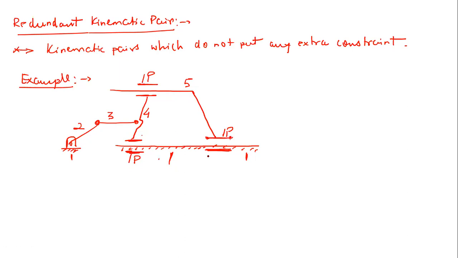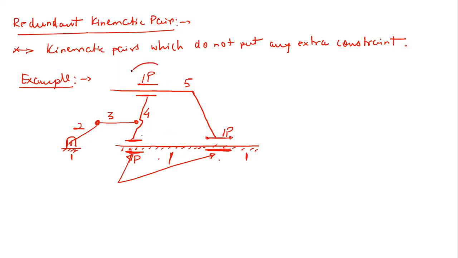Link 5 is also going to have a sliding motion with respect to link 1, right? So basically, link 4 and link 5 are guided by these two prismatic pairs, correct?